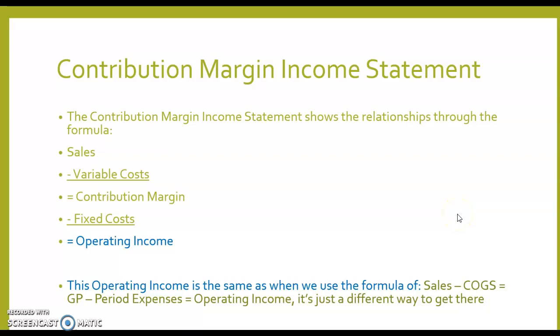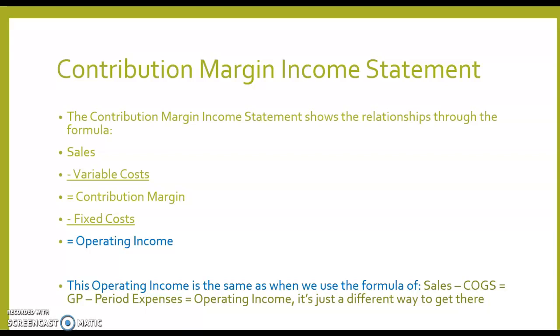So we can make a contribution margin income statement for management, as opposed to GAAP, which says on our income statement we have to have sales minus cost of goods sold, which gives gross profit, very important to investors and creditors.